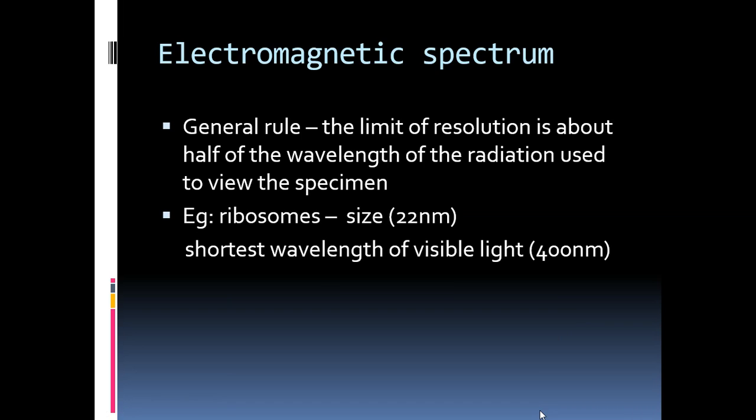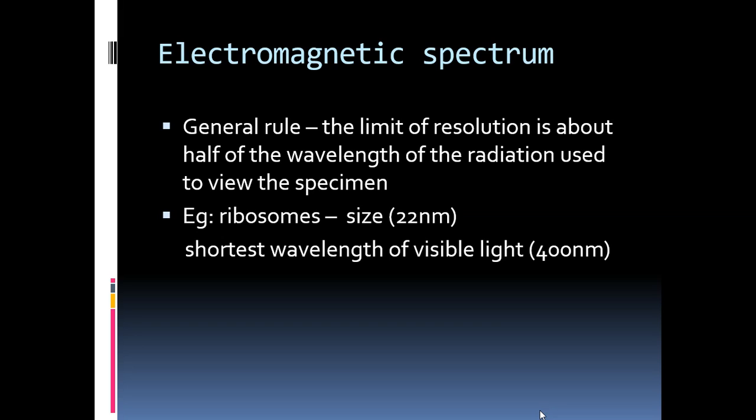Always remember the general rule of resolution, which says that the limit of resolution is about half of the wavelength used to view the specimen. So using a light microscope, the smallest object that you can see is 200 nanometers, right?